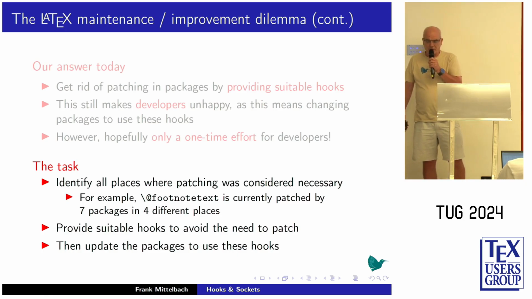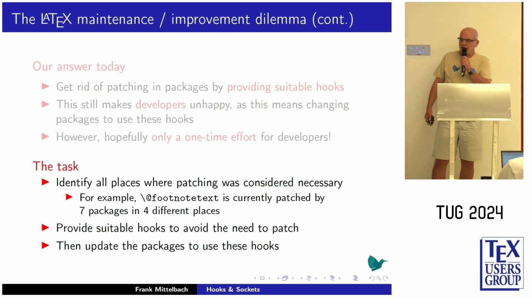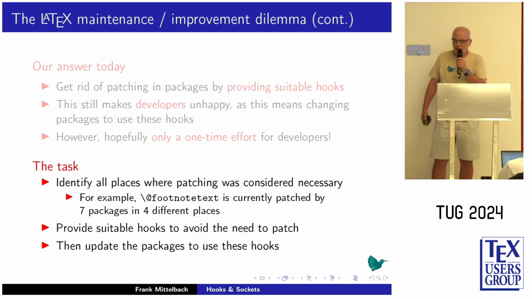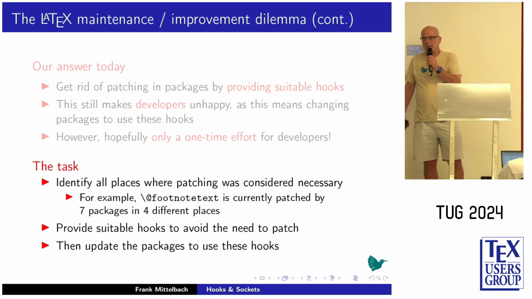So from our side, the task basically is we have to understand where patching is being done of internal LaTeX commands by packages, why this is being done, identifying suitable places where hooks can be introduced, and then making sure that packages one after the other are actually starting to use hooks rather than overwriting internal commands.